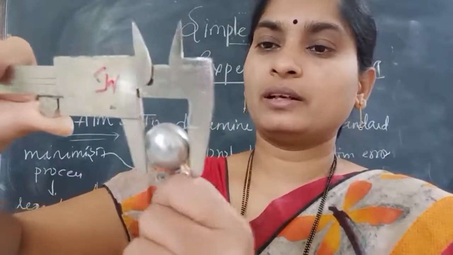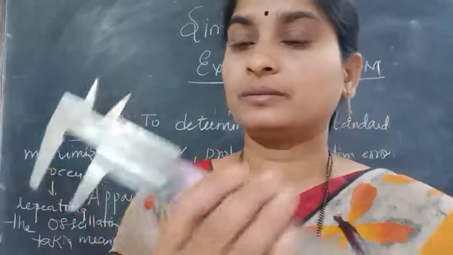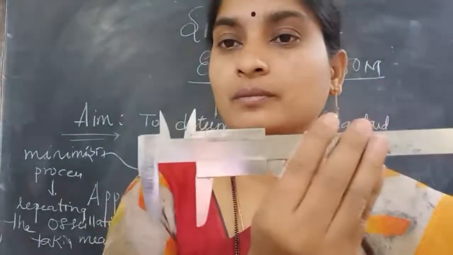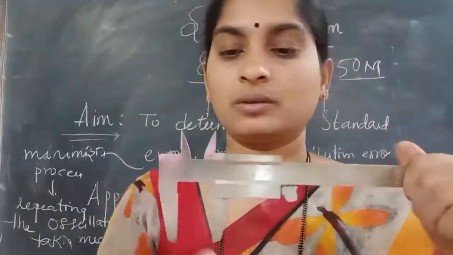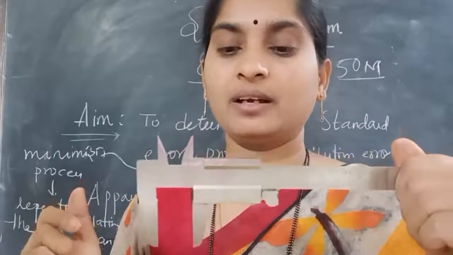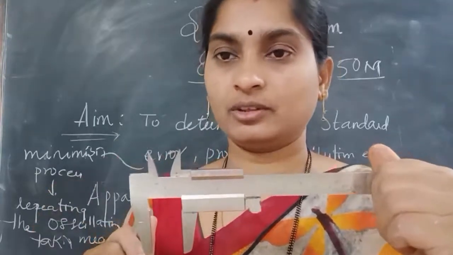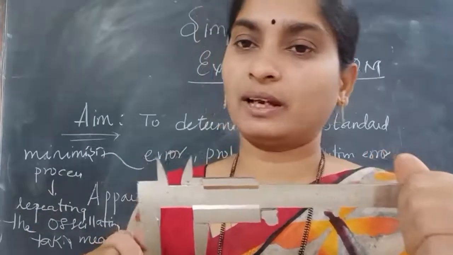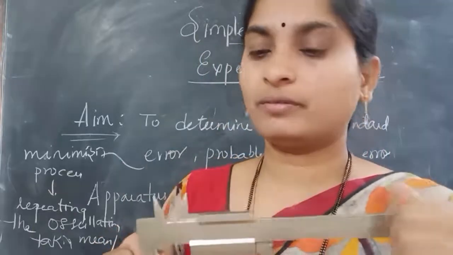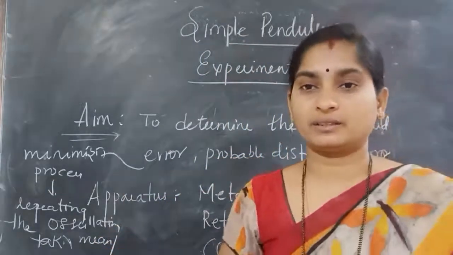You will calculate the radius of the bob in this way, where you get some values coinciding with the main scale reading and the vernier scale reading. Okay, so from this we will calculate the diameter. From diameter divided by 2 you will have the radius.